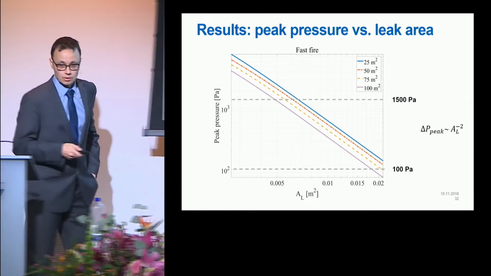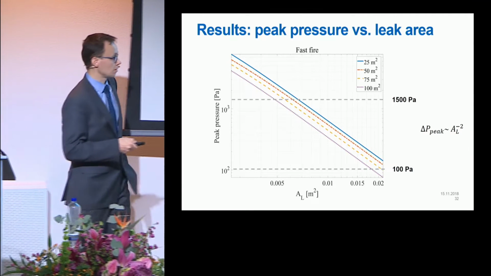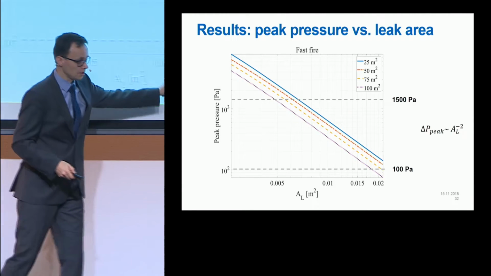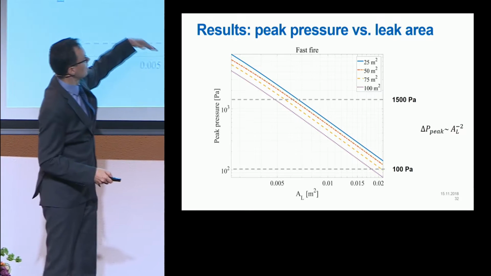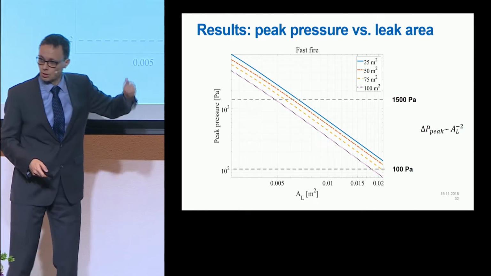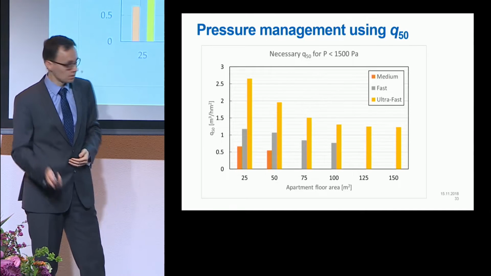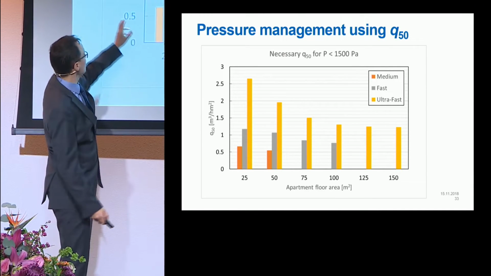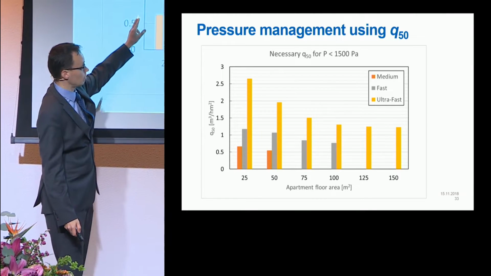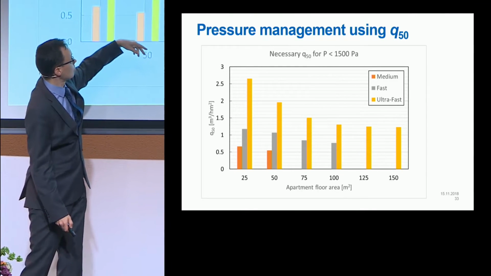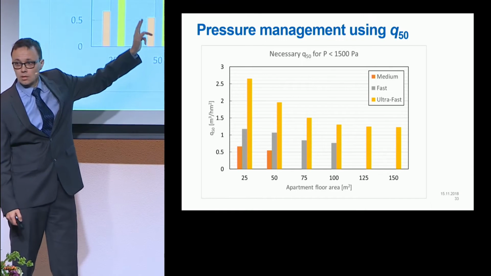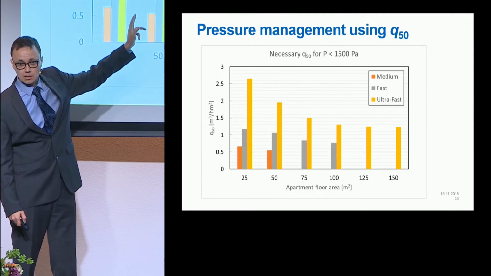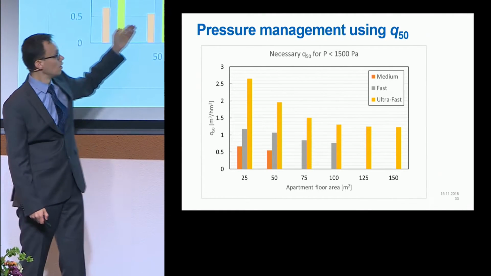Using the analytical model, we can now extend the results. We can vary the leakage area, and we see what kind of peak pressures we observe with different apartment sizes. From there, we can pick what is the critical Q50 value that we should have in order to keep pressures less than 1500 Pascal, which we now take as the structural safety limit.